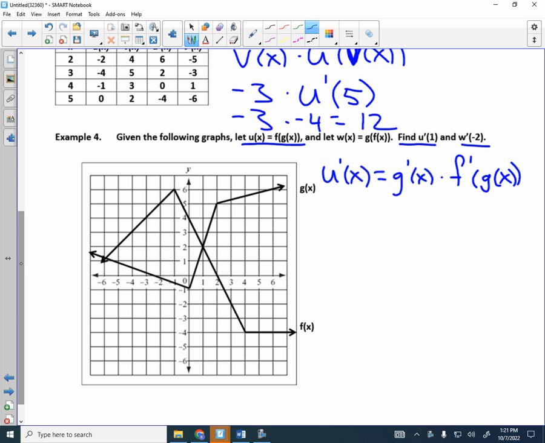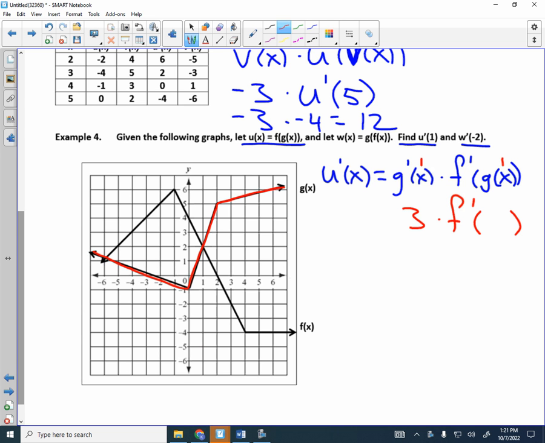Now, we're determining this at what value of x? 1. So I plug in 1 to these spots right there. So if you look at the function, here's g. I'll kind of draw it in red right here. What does it mean to find g prime of 1? The slope at 1. What's the slope of this kind of line right here? It is 3 times f prime of, what is g of 1?